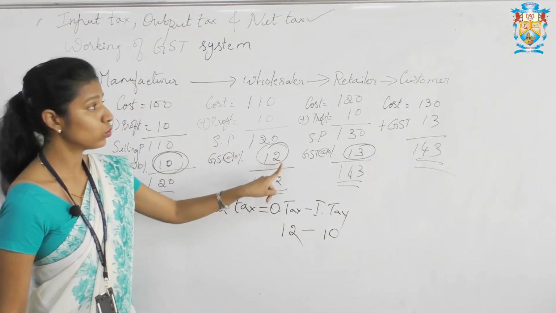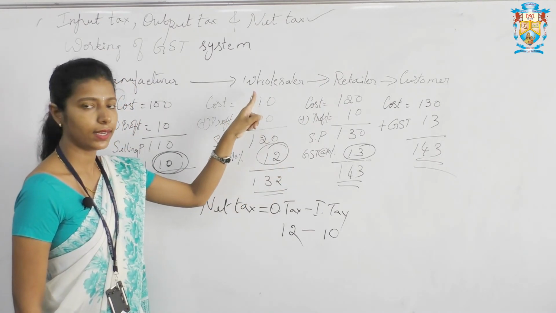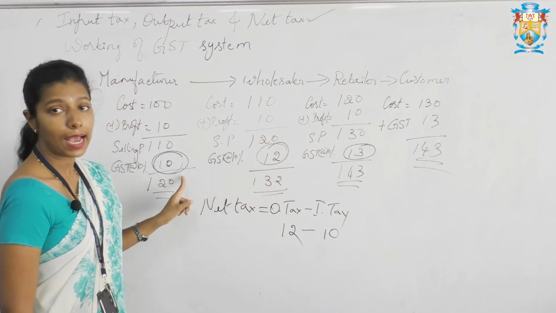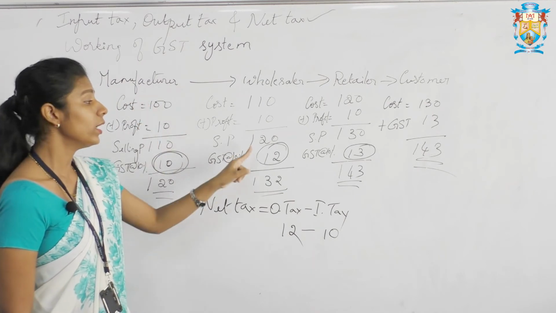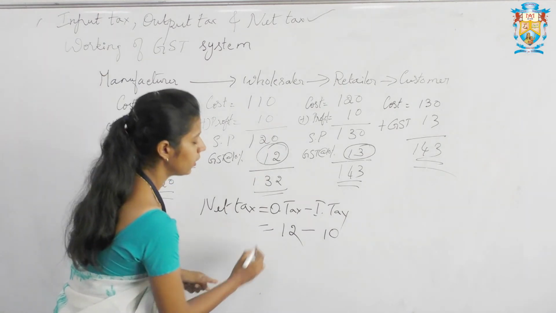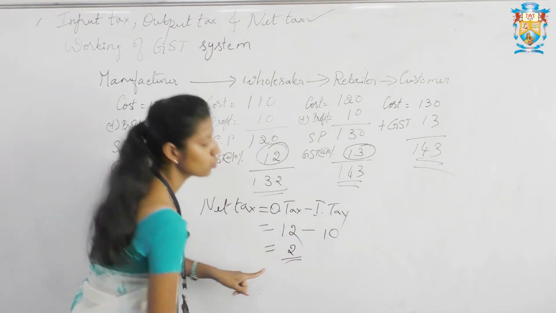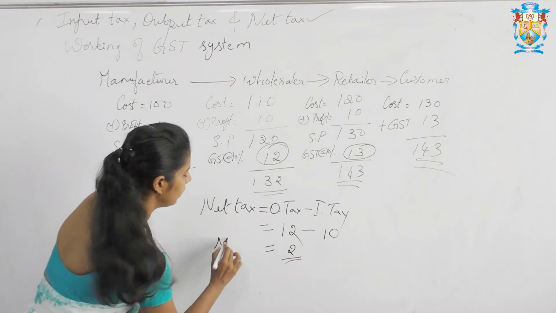Here he is selling the goods to the retailer, so 12 is the output tax, and he had paid 10 as tax to the manufacturer. So this 10 will become the input tax to the wholesaler. So here net tax, that is 12 minus 10, is 2. This 2 will become the net tax.